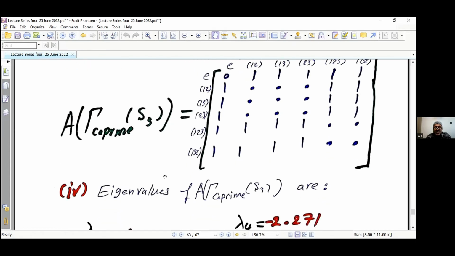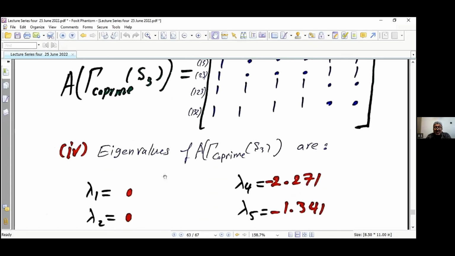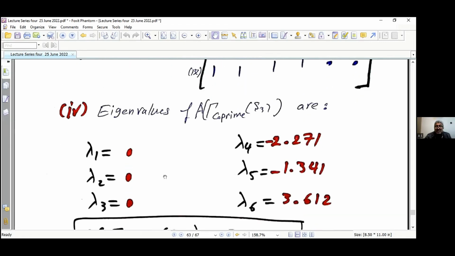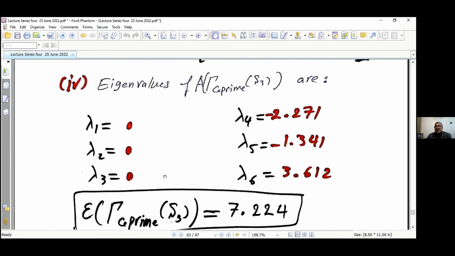So that's the adjacency matrix. Now, the next one I ask about is the eigenvalues of the adjacency matrix of the coprime graph of S3. I computed them using online software. You can easily find the eigenvalues.